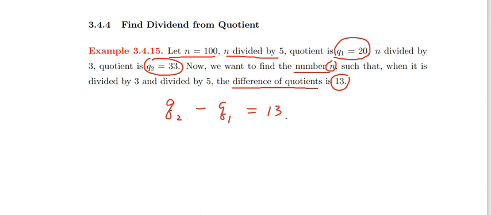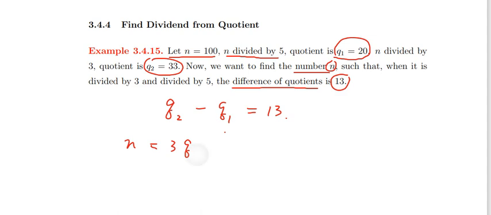We do not consider the remainder. So divided by 3, the quotient is Q1. Let's say the bigger one is Q2, divided by 3.